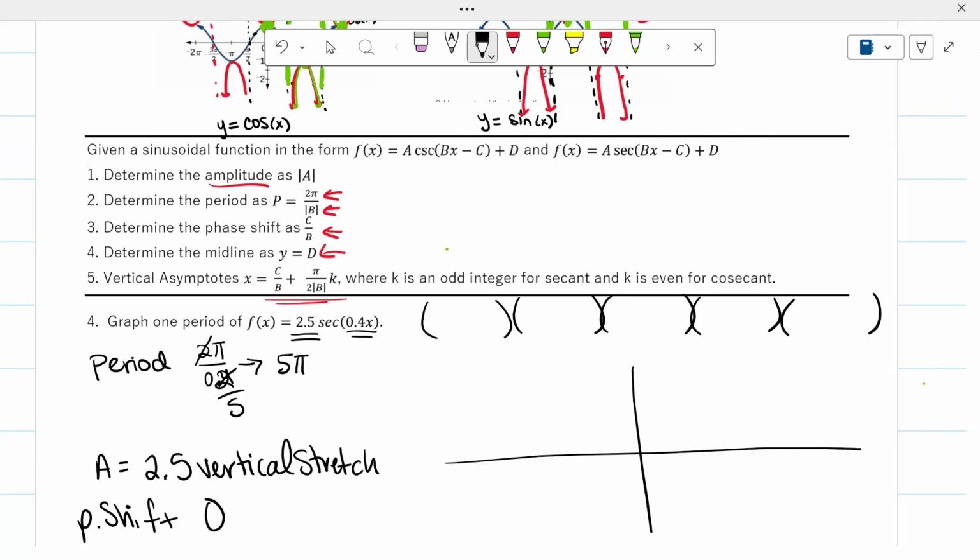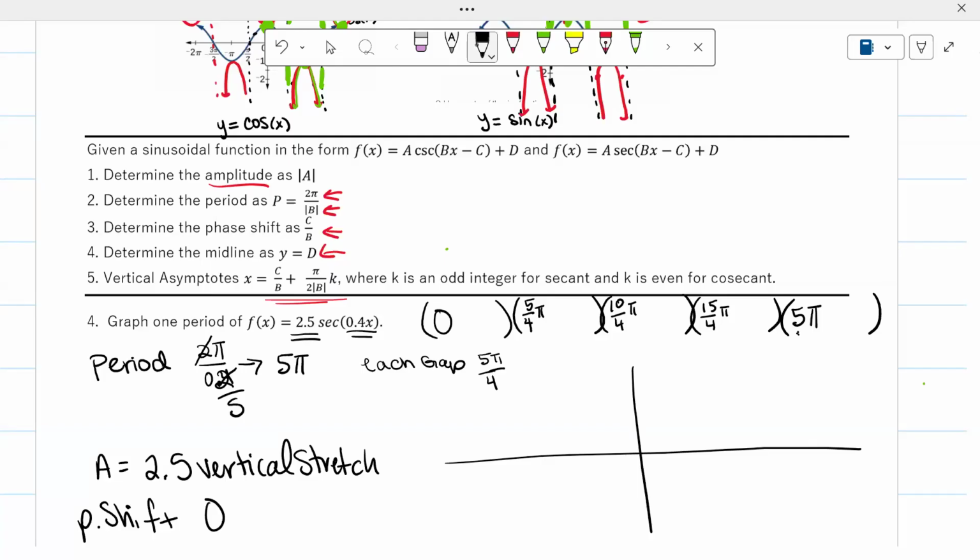There's no shifting, so our first one starts at 0 and repeats 5 pi later. Each gap is the period divided by 4. So this would be 5/4 pi, this would be 10/4 pi, this would be 15/4 pi, and this would be 20/4 pi, which makes sense.